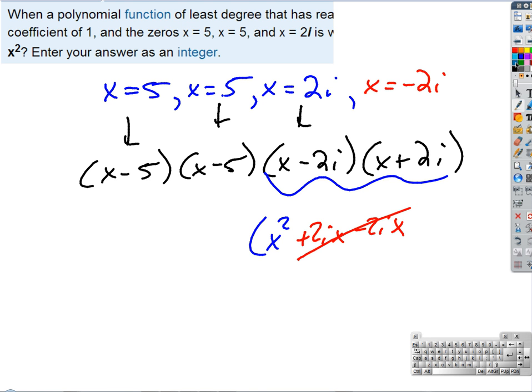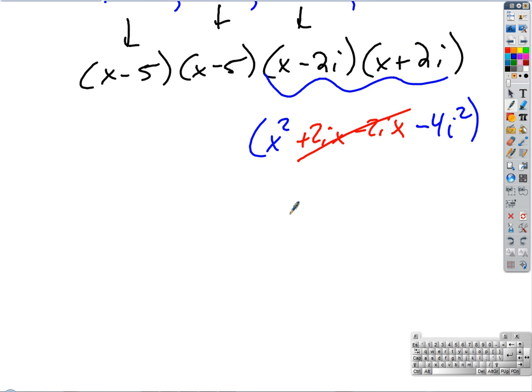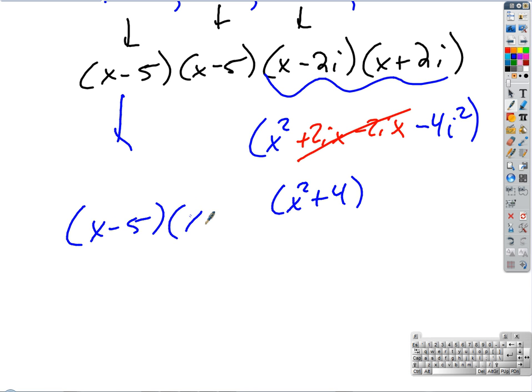And then negative 2i times positive 2i is negative 4i squared, which becomes positive 4, since i squared is negative 1. So I get x squared plus 4 times x minus 5 times x minus 5, and I don't think we need to go through that. That's just a matter of multiplying them out, right? That's simple. We good?